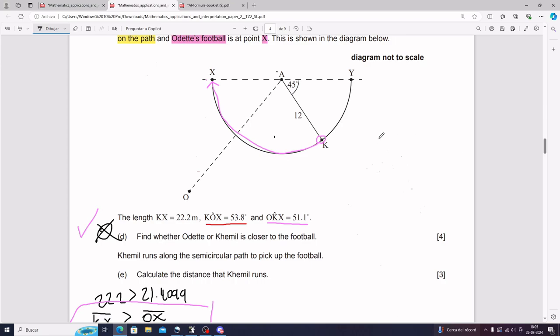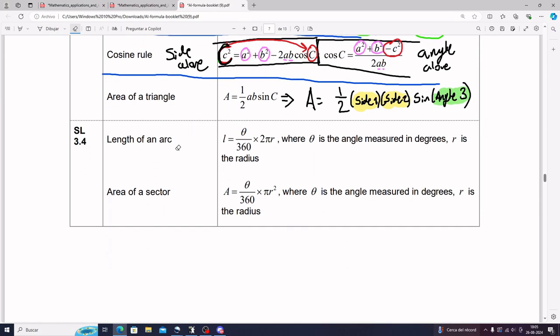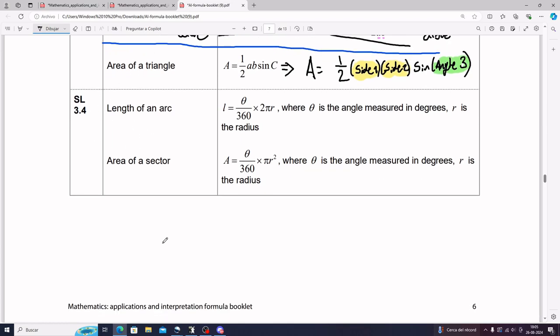Well, you know a couple of things. You know that when you're talking about circles, you have 2 main tools. Your 2 main tools for circles are in the formula booklet, which is actually right below what we were looking at. On the one hand, you have length of an arc and area of a sector. When you have a circle, this can often get split up into pizza pieces, whatever you want.